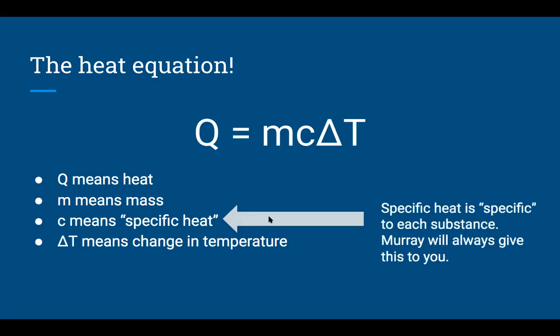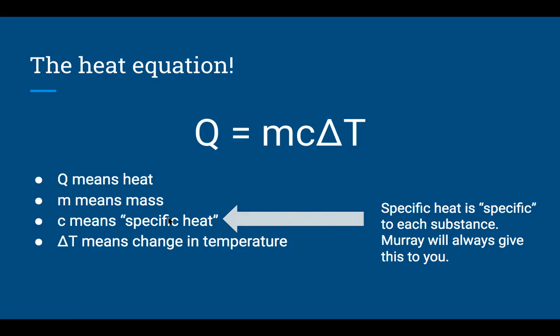Getting more into specific heat. Specific heat is specific to each substance. Like water is a substance. Water has some value for c, but that's not going to be the same value as for iron, which is a different substance. It's not going to be the same as for coffee, which is a different substance. It's not going to be the same for bricks or for aluminum. Each substance has a different specific heat value.